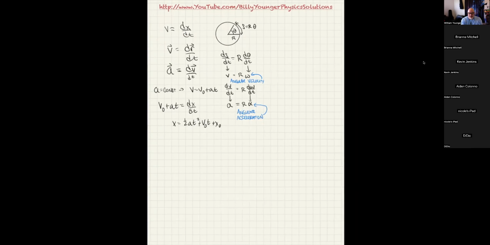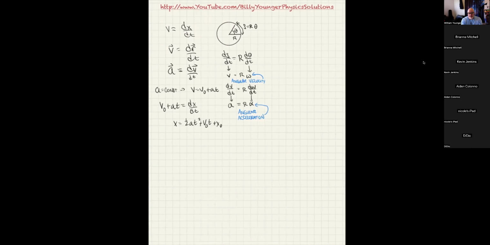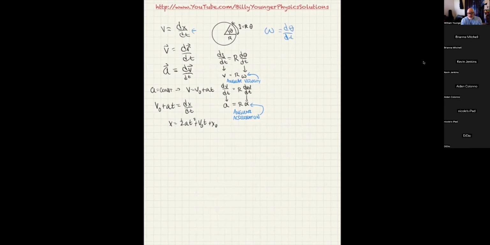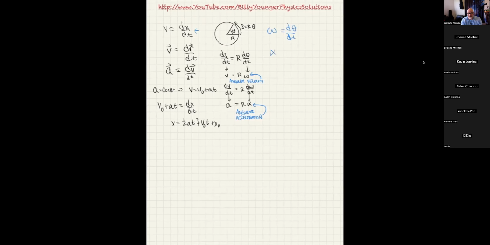So from this, we end up getting omega is equal to d theta over dt, which looks just like this equation right here. We also get alpha is equal to d omega over dt. All right, so we've got those.